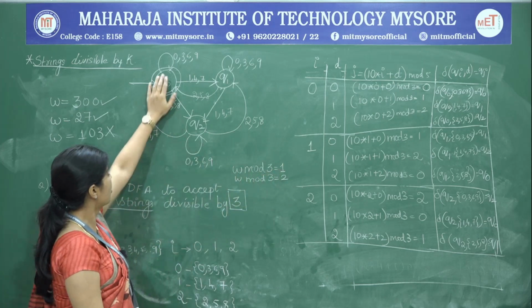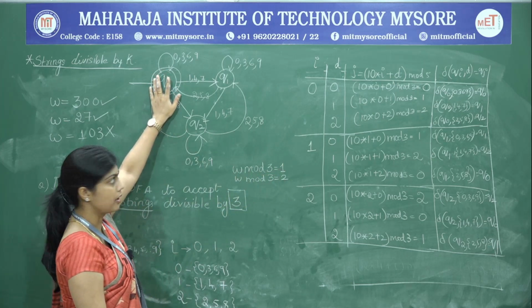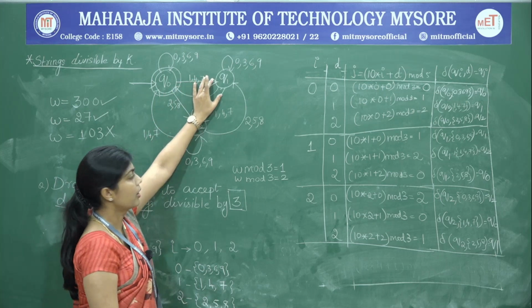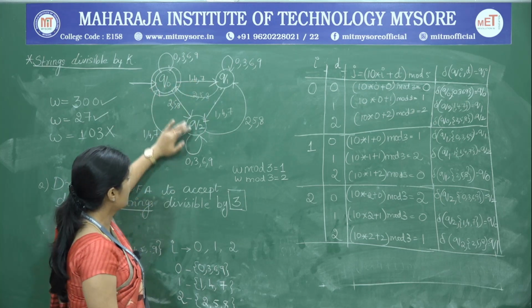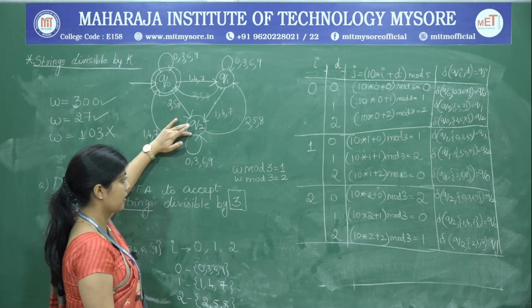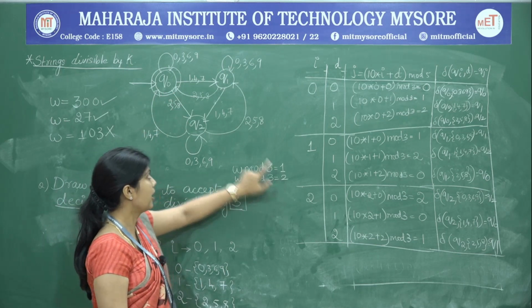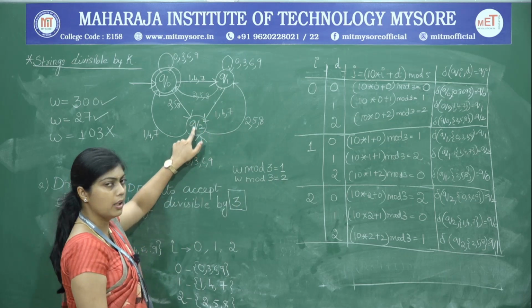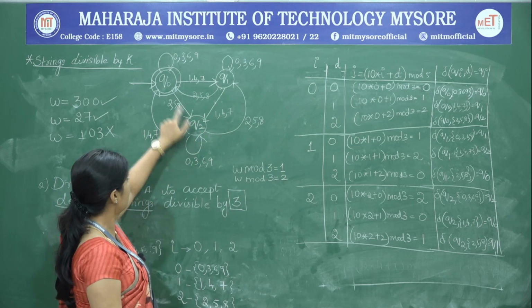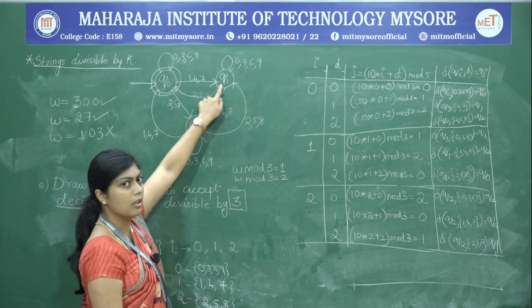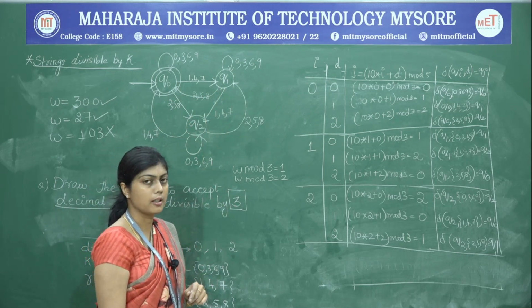Here, q0 is not going to be the final state, only q1 is going to be the final state. q0 and q2 become the non-final states. For W mod 3 equal to 2, q2 will become the final state, and q0 and q1 become the non-final states.